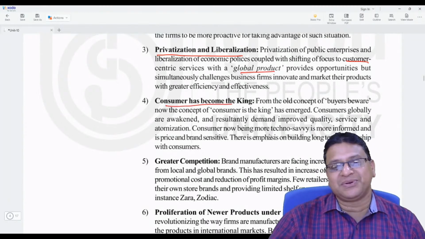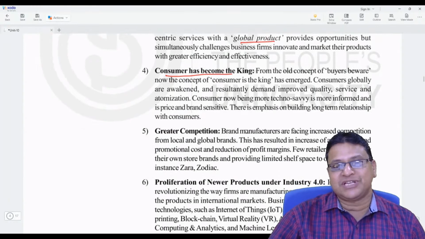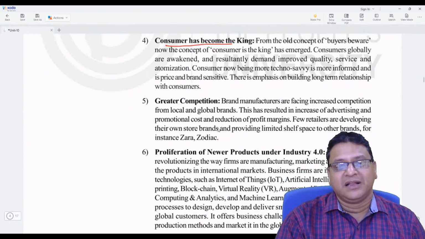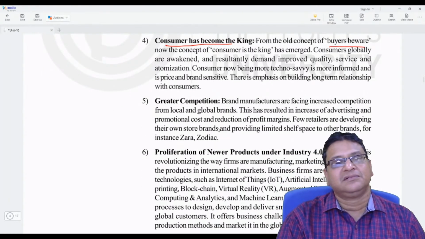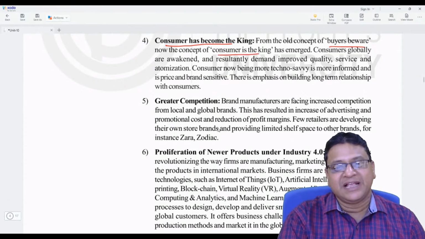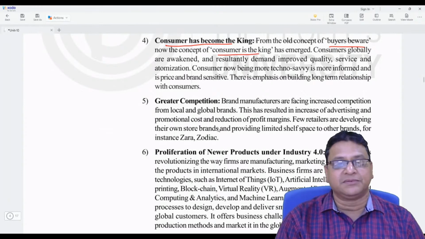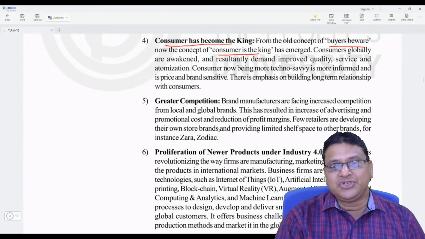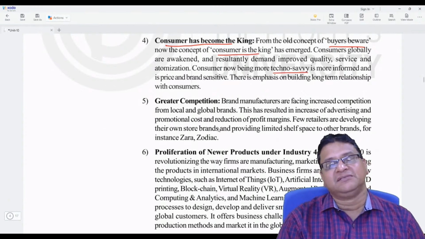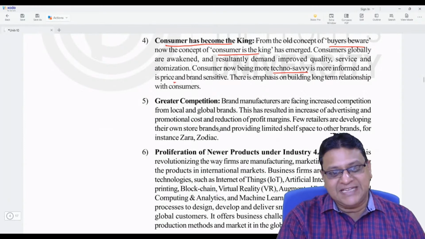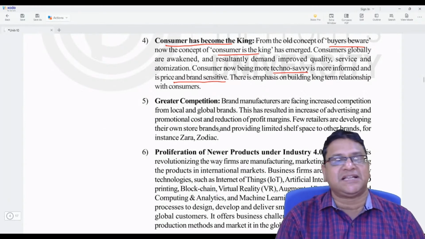With globalization, the concept of buyer beware has gone. Now consumer is the king. Every company, every MNC has tried to satisfy the consumer. Consumers are very tech savvy. Consumers are very price sensitive, they are very brand sensitive.